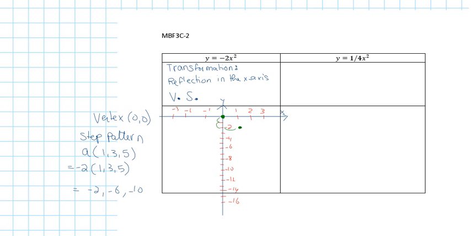Now, from this point, I have to go down 6 now. Okay? So, from this point, I have to count 6. So 1, 2, 3, 4, 5, 6, over 1. From this point, I have to count how many down? 10.